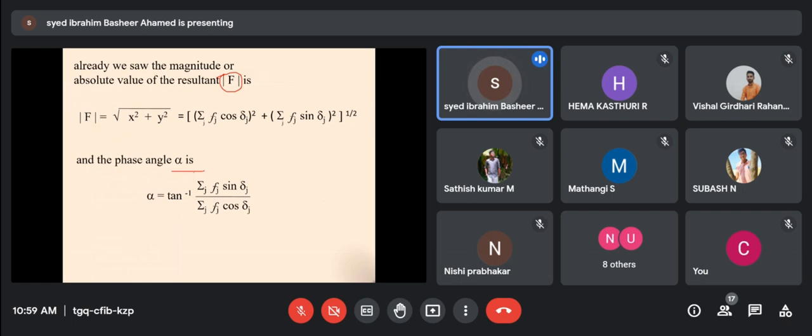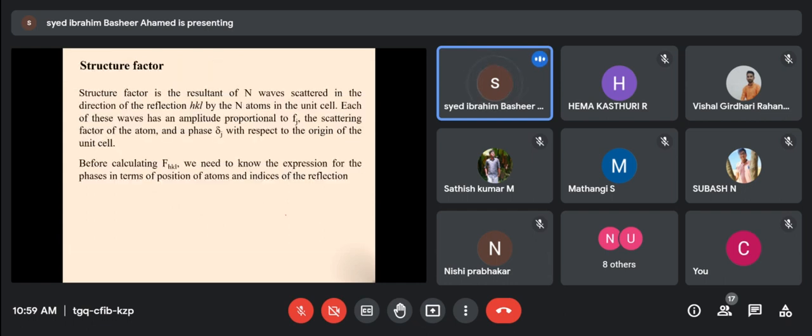And the phase angle alpha is equal to tan inverse of summation over j of Fj sin delta j divided by summation over j of Fj cos delta j.